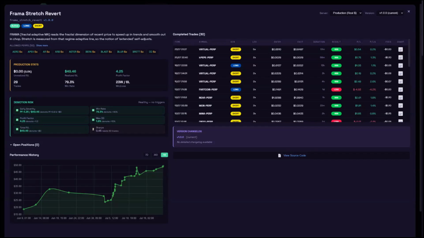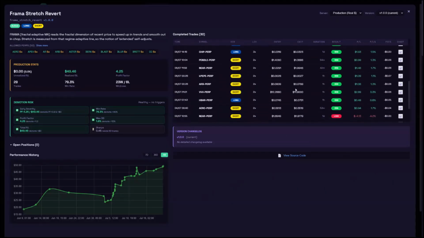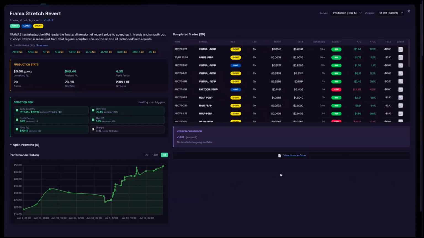So I took the Frama Stretch Revert Strategy and I ran it live on my Hyperliquid trading bot. It's only been running for a week, but you can see it's made over $50 in real money. So it has 23 wins and 6 losses. And yeah, it's winning both long and short, which is brilliant, as you can see from the completed trades, and trading lots of different coins, which is also great.